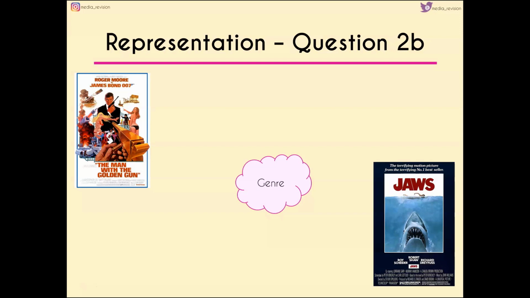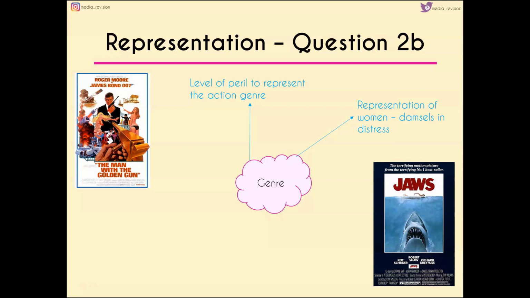And I obviously like my spider diagrams, but it's up to you how you want to plan. If you've got one of those pens that's sort of like a multicolour pen, I find those quite useful here, because what you can do is do your similarities in one colour. For instance, I've said that there's a similar level of peril in these posters to represent that action genre, and that also the representation of women is very similar, because we would expect women to be damsels in distress within the action genre as well.